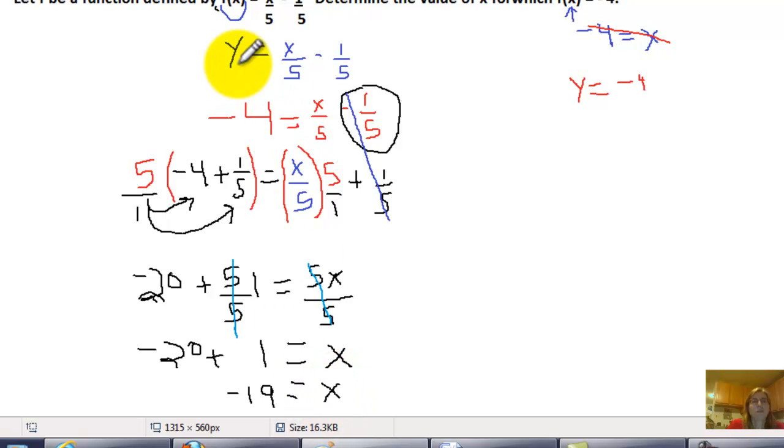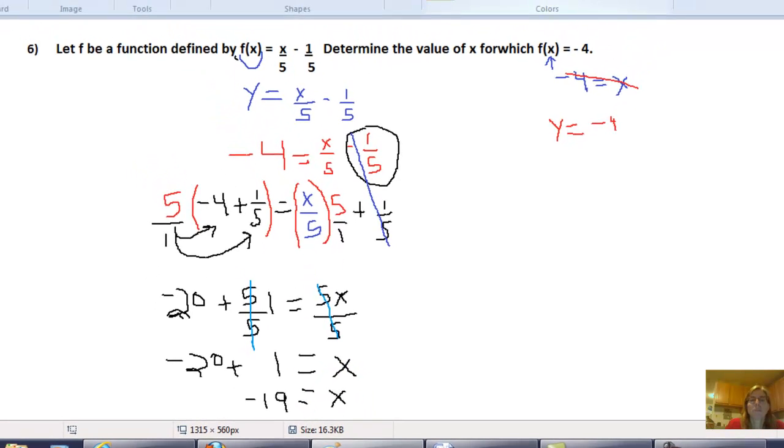So our answer to this problem is negative 19. So we solve for the x there because the negative 4 is equal to the entire function. We have to set the total function equal to negative 4. So that means x over 5 minus 1/5 is equal to negative 4, and we rearrange to solve for the x.